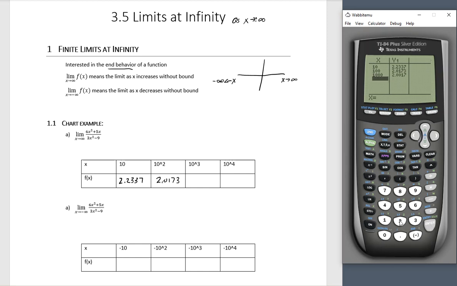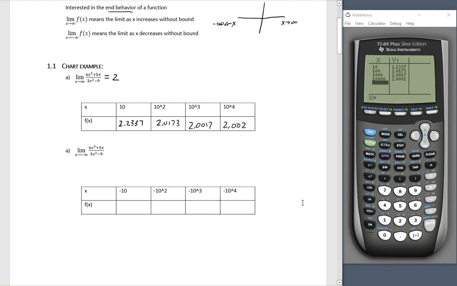And 10 to the fourth is a 1 followed by 4 zeros. We'll look at that. 2.0017 and 2.002. It looks to me like this limit is becoming 2, right? The larger and larger our x values, our inputs get, at least in the positive direction, because that's where we're going, we end up with positive 2 as our overall limit.